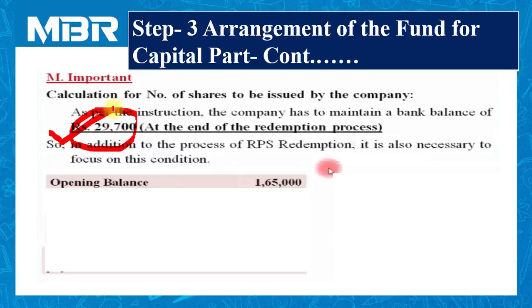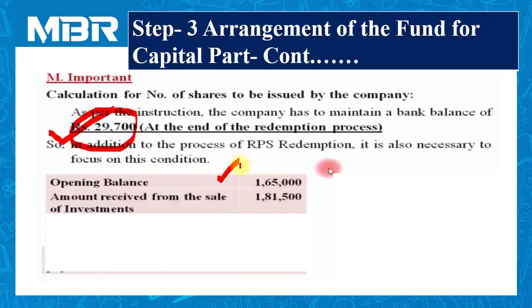If you check the asset side of the balance sheet, information of opening balance rupees 1,65,000 is clearly given to us. Then if you recall the transaction related to sale of the investment, you can easily connect the information that we have received rupees 1,81,500 by selling our investments.